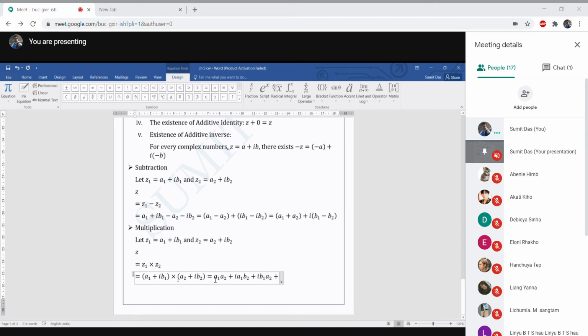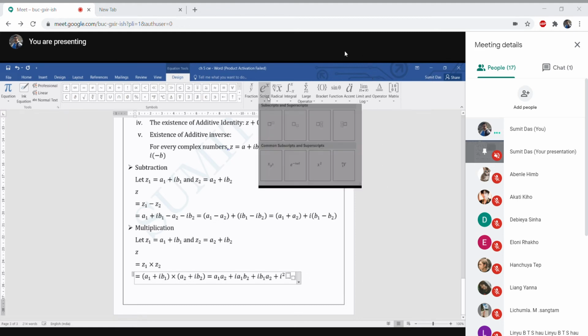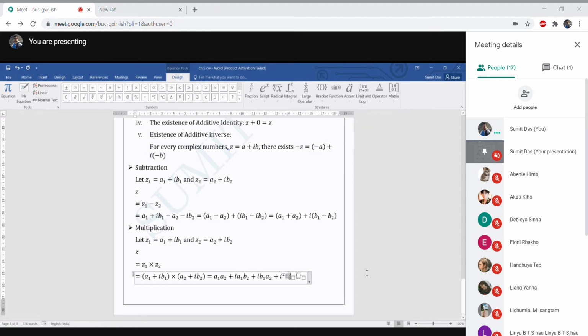Plus now it will be ib1 into ib2, so it will be i square b1 b2. Why i square? i into i is i square.